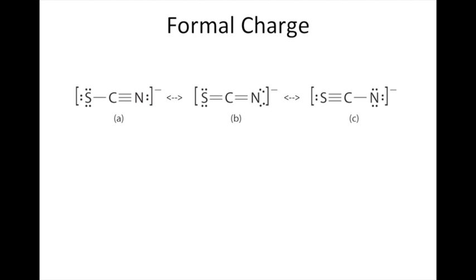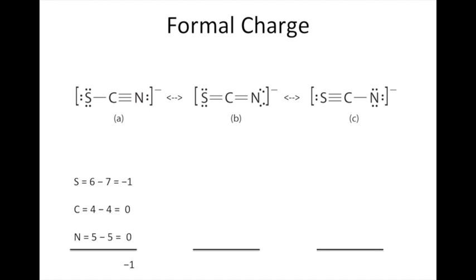And now we calculate the formal charge for each atom in each of our resonance structures. So here, the first one, our sulfur, 6 valence, and it owns 7, so the sulfur has a -1 formal charge. My carbon, 4 valence, and it owns 4, so 0.